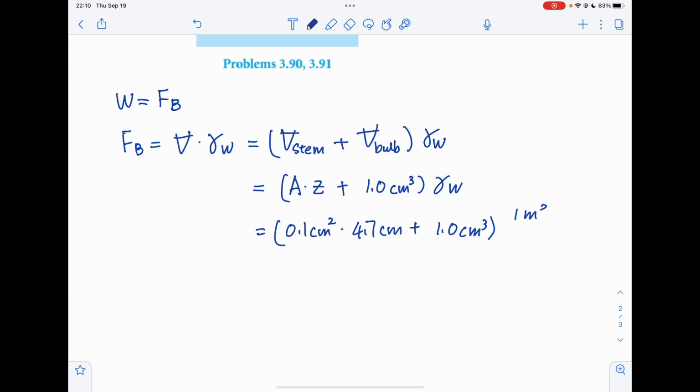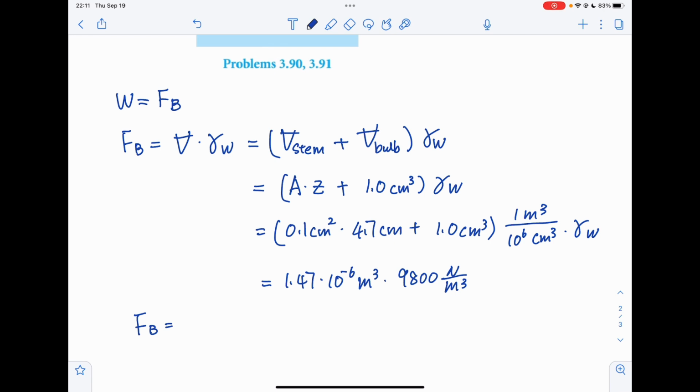So 1 cubic meter is 10 to the 6th power cubic centimeters, times gamma water, which gives us 1.47 times 10 to the negative 6 times gamma water, 9,800 Newton per cubic meter. So our FB is 0.0144 Newton.